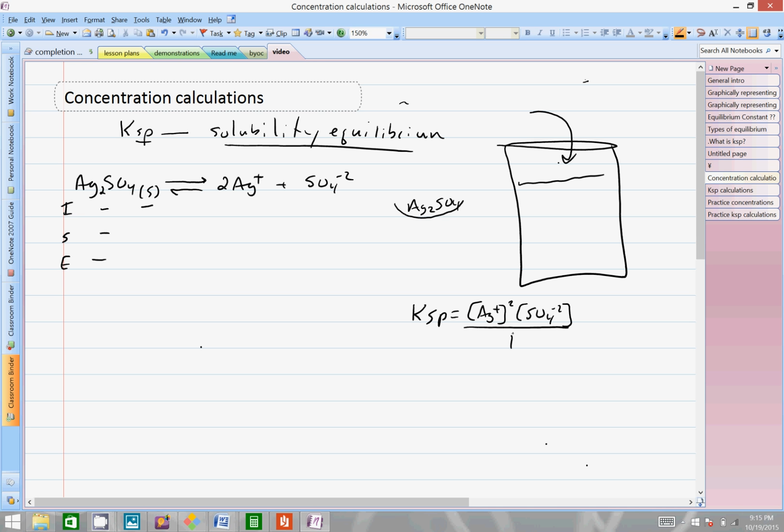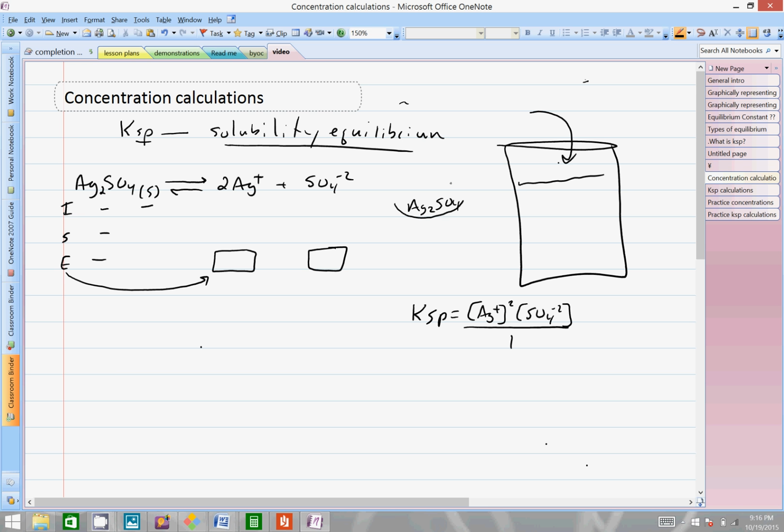so my general calculations involve usually wanting to find out my concentrations at equilibrium. So like this box here and this box here, these are two pretty valuable pieces of information. E stands for at equilibrium, or the end.